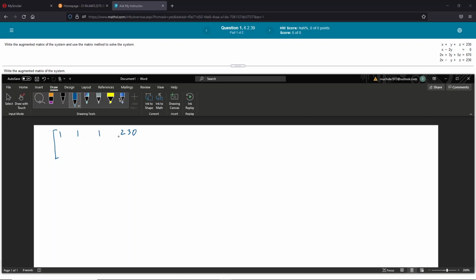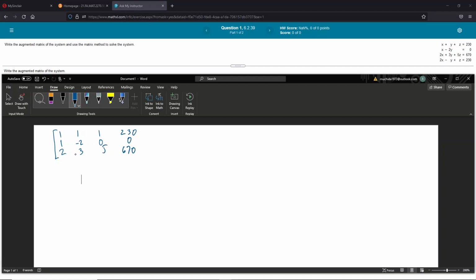Then for the second equation, we have x minus 2y equals 0. So we'd have 1, negative 2. And when you don't have a z term, you would put in a 0 for it because it would be 0 times z. And then the constant is 0. Then we have 2x plus 3y plus 5z equals 670, so we have 2, 3, 5, 670.